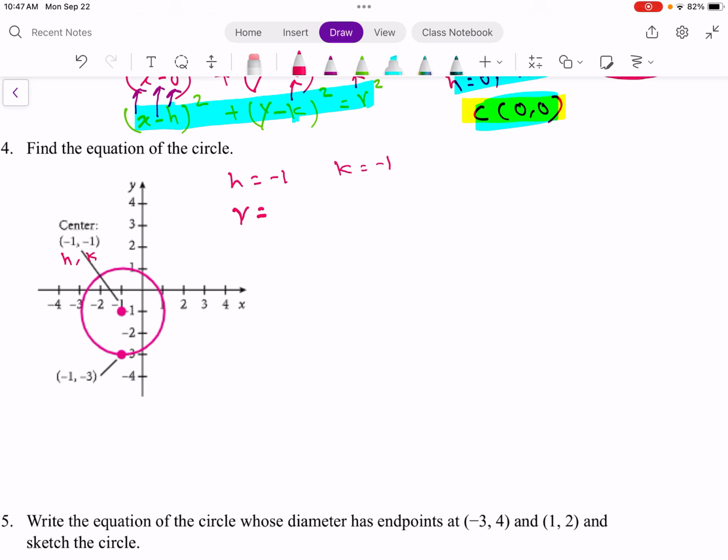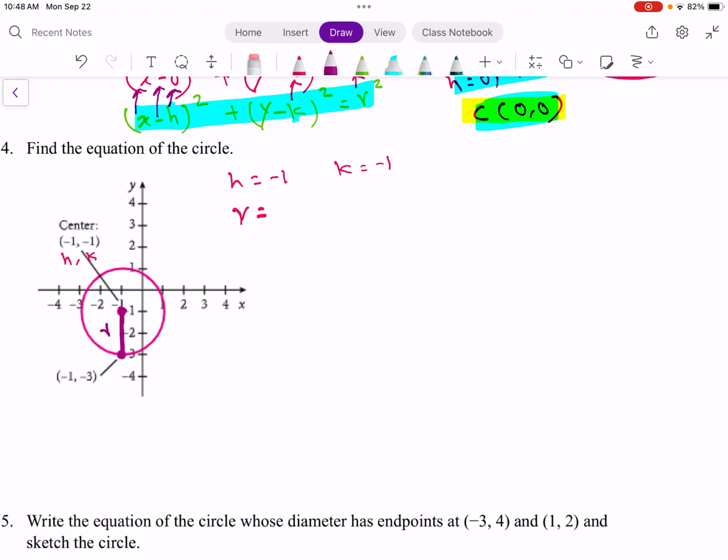So let's find the radius. How do we find the radius here? How do we define radius? Radius is the distance between the center of a circle and any point on the circle. So we have some point on the circle, and this distance is the radius.